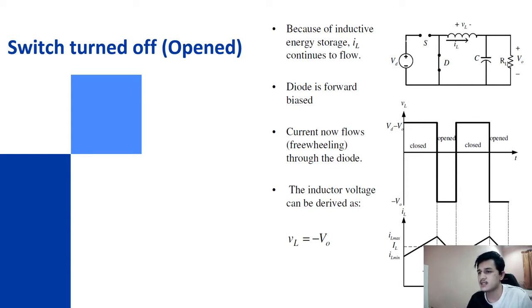And lastly, the inductor voltage can be derived as VL equal to negative VO. And then there's a circuit of switch turn off. As we can see, the S in the circuit is open, and then there's a waveform of switch turn off.